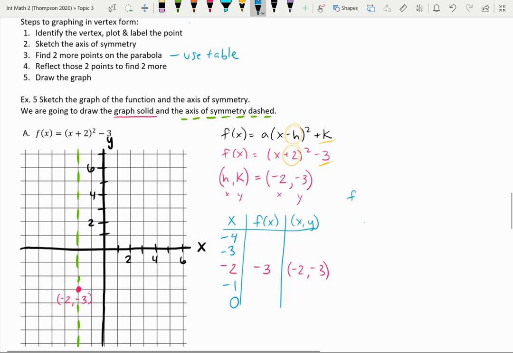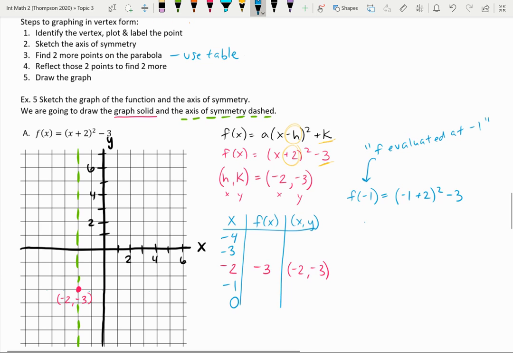So I'm going to plug in f of -1. A reminder, this is just a notation. That means f evaluated at -1. So what I'm going to do is on the right side of my equation, I'm going to plug -1 in for x.